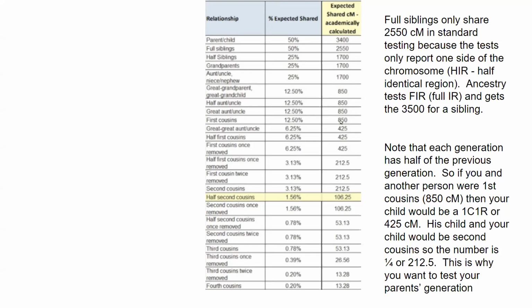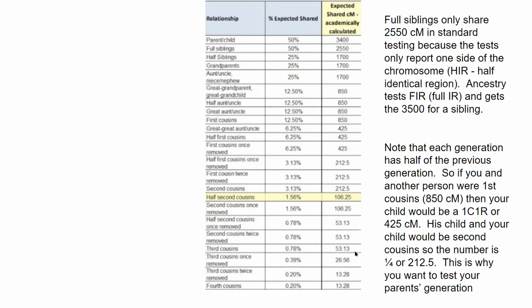If you go from a first cousin down to a second cousin, so my daughter is now matching against my cousin's son, that will be 212. Now take a look, 850 to 212. That's a factor of 4 difference. So moving one generation on both sides cuts the amount of common DNA by a factor of 4.